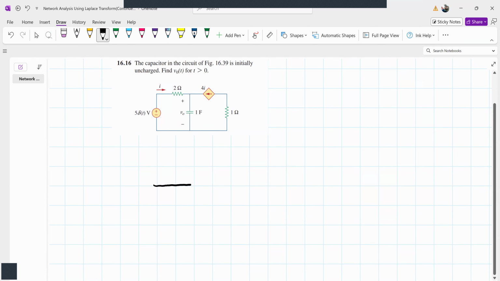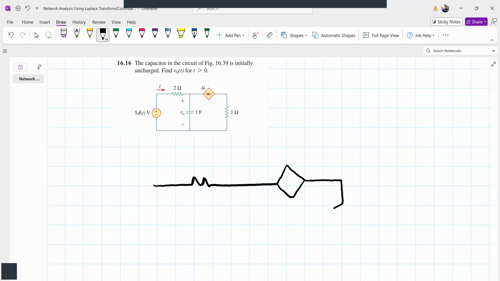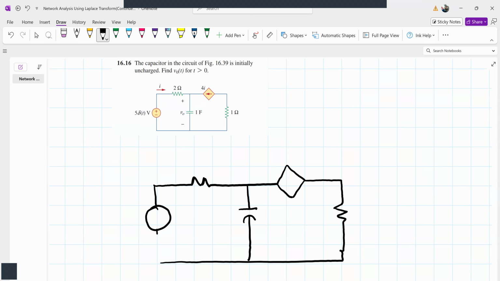So we have a resistor. Then we have a dependent current source. Then we have a resistor here. Then the capacitor will be replaced by an impedance 1/(Cs). So we have a dependent voltage source here.